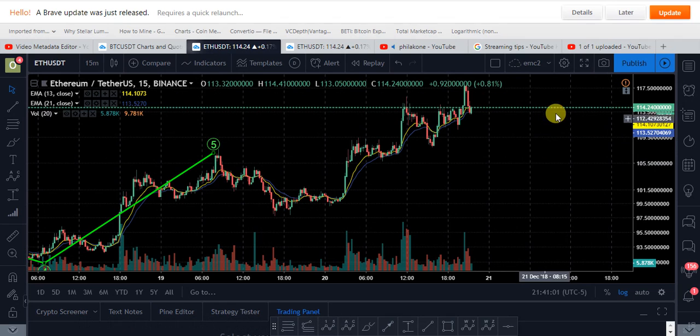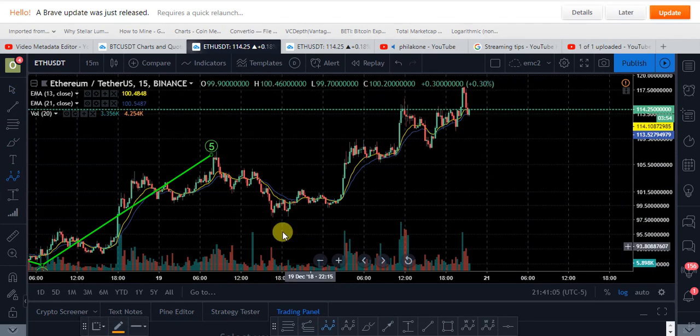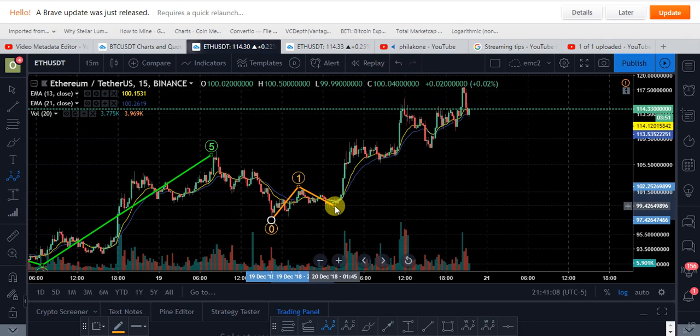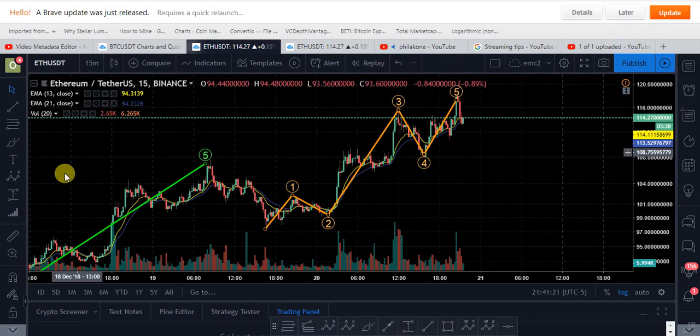So we still need a wave number 5, right? Because you gotta count this as wave number 1, 1, 2. You got very extended wave number 3, number 4. This could be number 5, right? So it's kind of like a 1, 2, 3 formation, right?